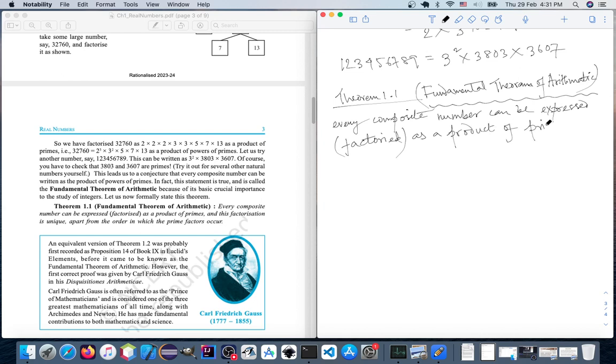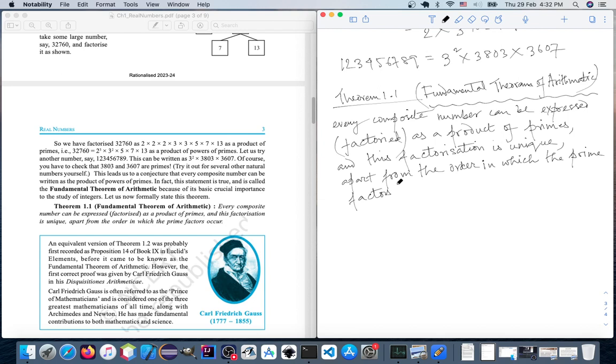of primes, and this factorization is unique apart from the order in which the prime factors occur.